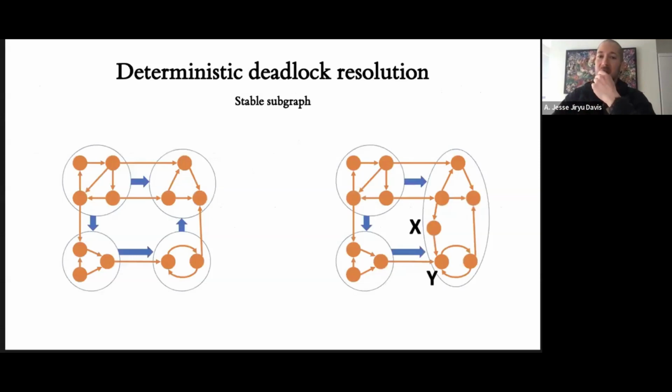The example they show here is that on the left, Y is incomplete because X hasn't arrived at this scheduler yet. But on the right, once X does arrive, then Y is complete. And in fact, its whole subgraph is now complete and ready to go.